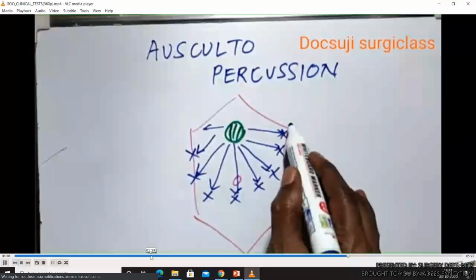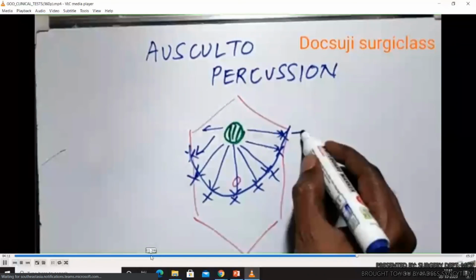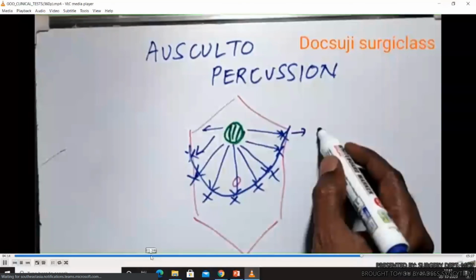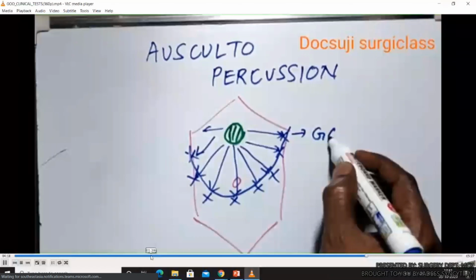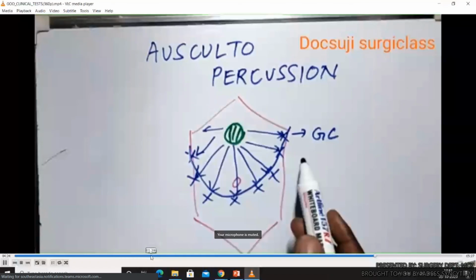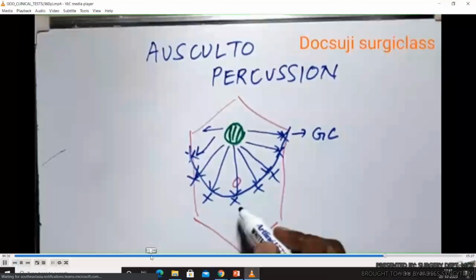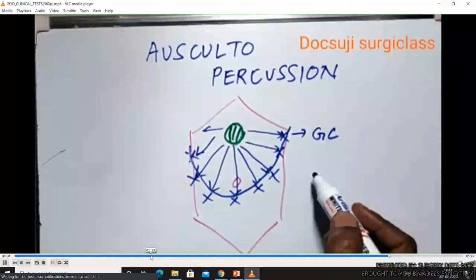This is the greater curvature. If you join these points, this becomes the greater curvature of the stomach. And you will find that the stomach is very much distended, it can go down up to the pelvis. So unless you hear the change of sound, you will not be able to identify the markings.